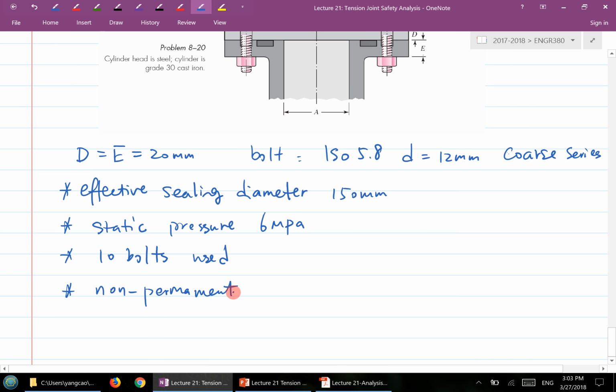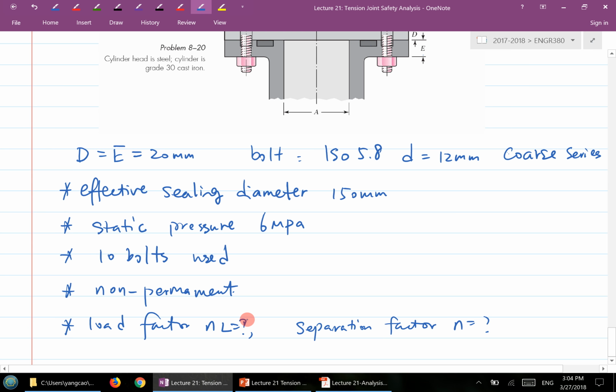The question asks you to calculate the load factor NL and also the separation factor N. Okay, so two factors.